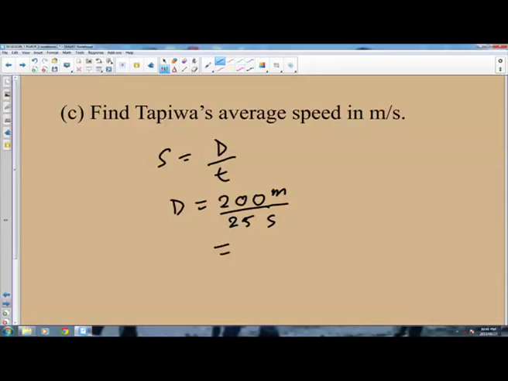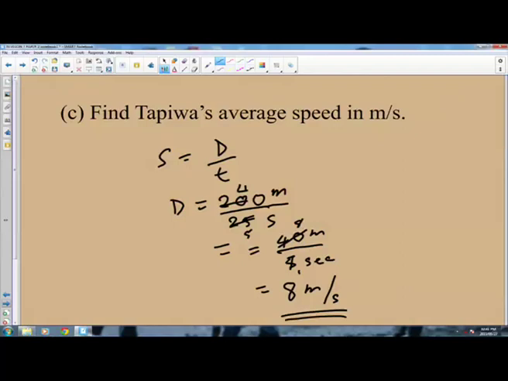And then 5 into 20, it's 4. So this is simply 40 meters divided by 5 seconds. And then 40 divided by 5. 5 into 40, it's 8. So the average speed is 8 meters per second.